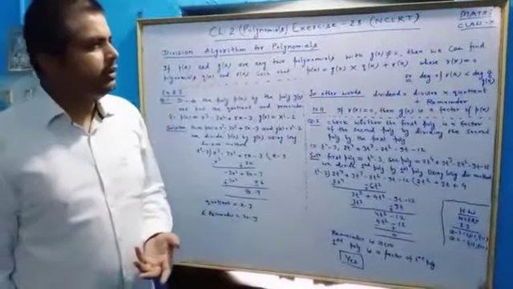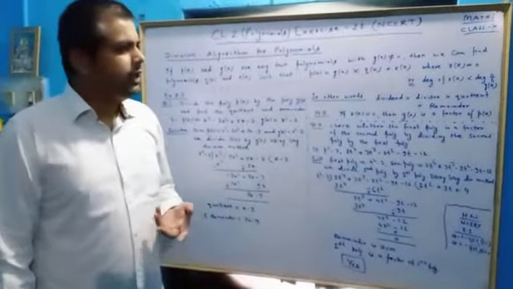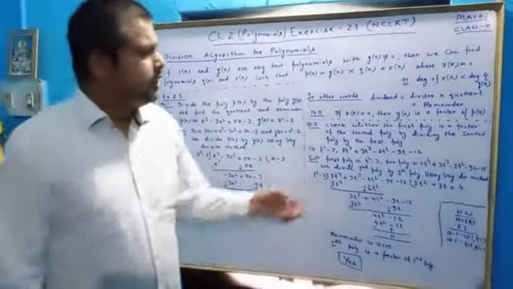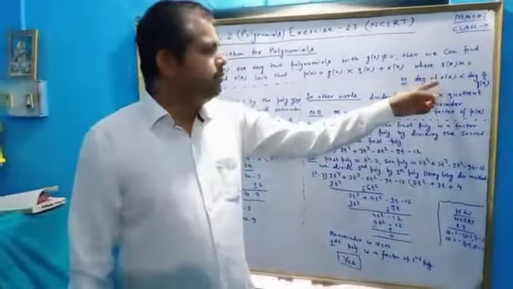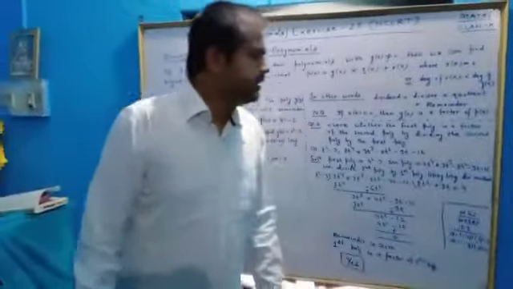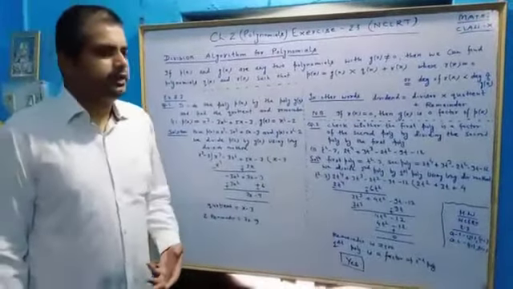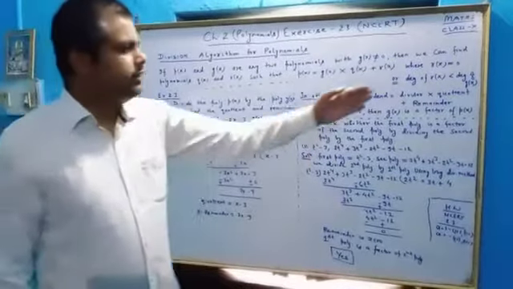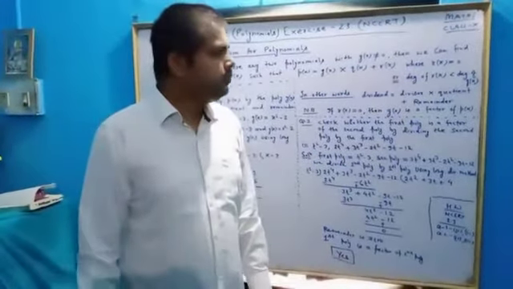That means in any case we can find remainder is equal to 0, or degree of r(x), that means degree of remainder, is less than degree of g(x), that means degree of divisor. So these are the two conditions.